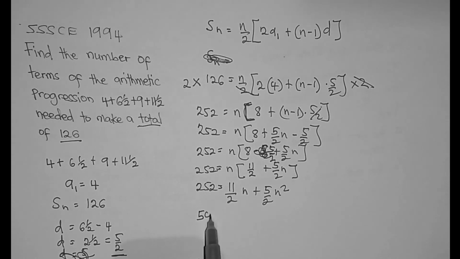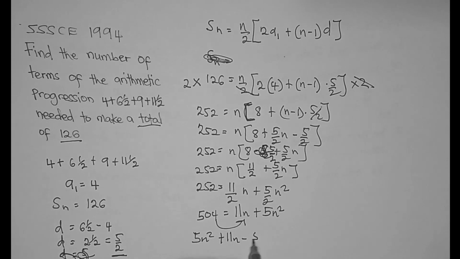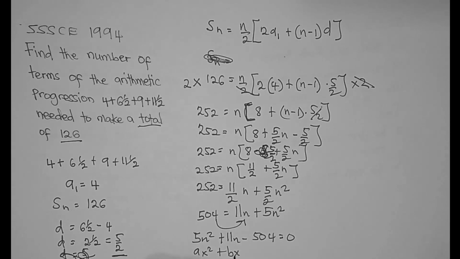So this is 504 equals 11n plus 5n squared. So let's bring 504 to this side of the equation. So we get 5n squared plus 11n minus 504 is equal to 0. We don't know the factor. So one thing we can do is, this is of the form ax squared plus bx plus c is equal to 0.